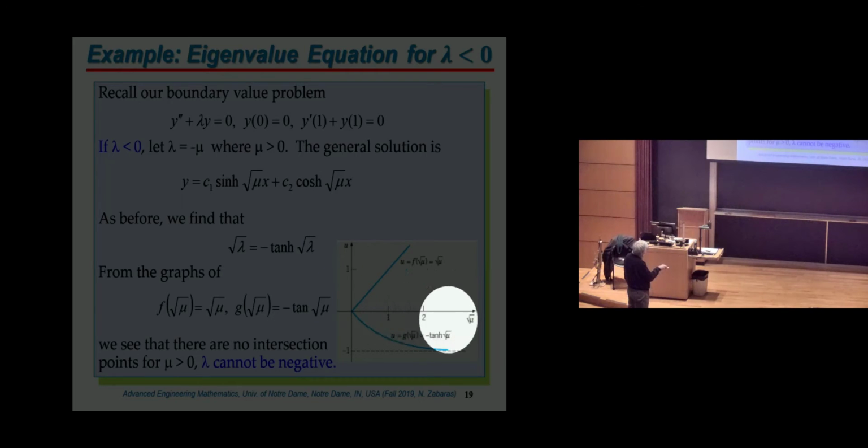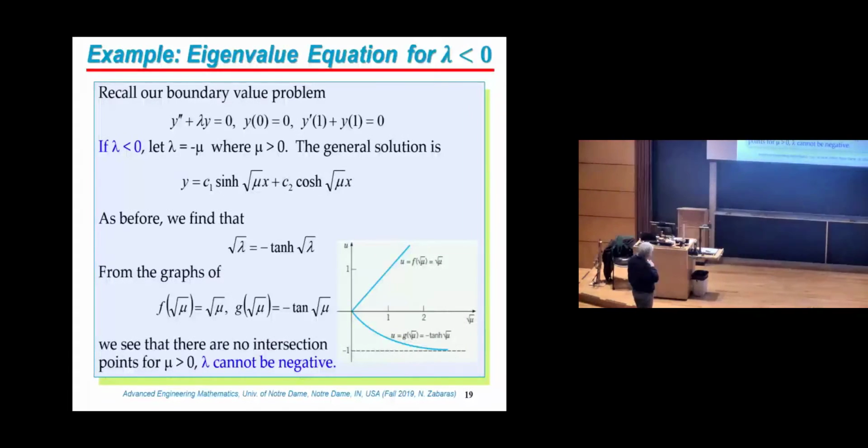If I take the square root of mu as the horizontal axis, and plot this straight line versus minus hyperbolic tangent of x, which is like that, you can see the only intersection of the two is for the value 0. So really there are no negative eigenvalues for this problem. Basically, what we computed before is the only solutions we can get.